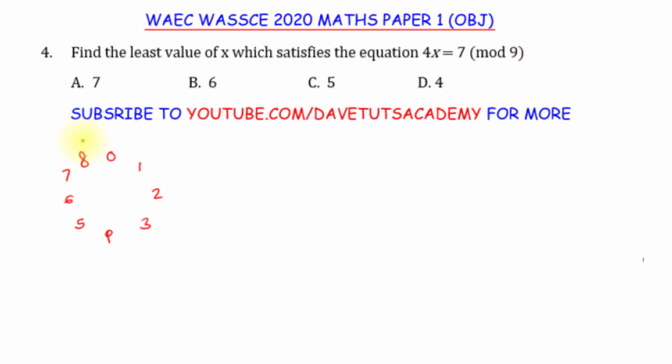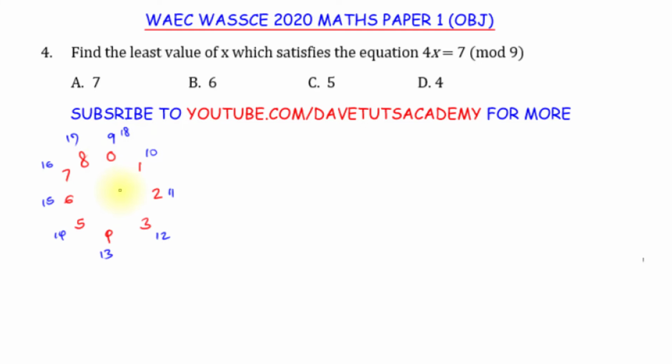So if you continue, instead of saying 9, you round off here. So this will be 10, this will be 11, 12, 13, 14, 15, 16, 17. You can see 18 again will also be rounding off at this particular point. So that will be the cap of what we're actually working with.